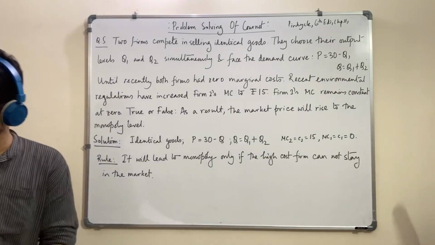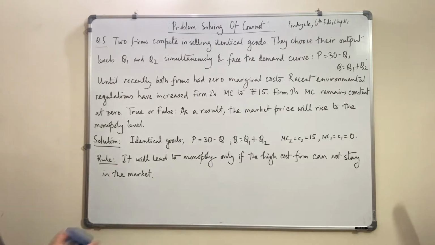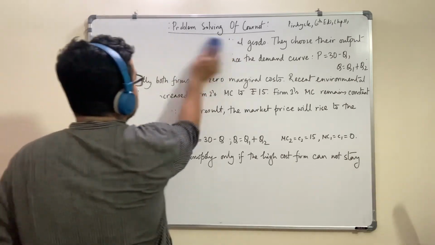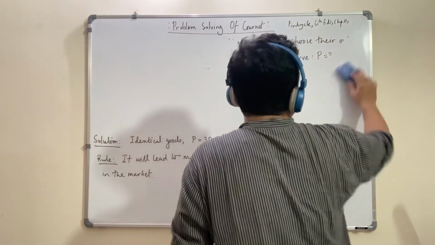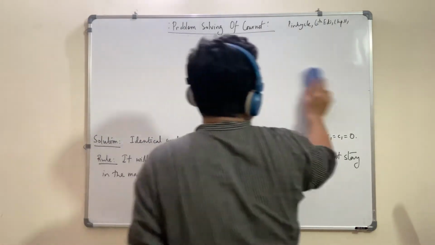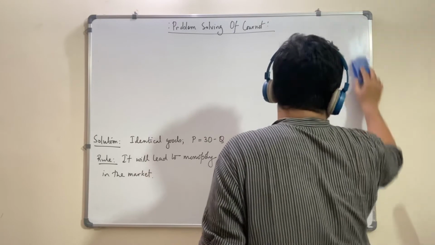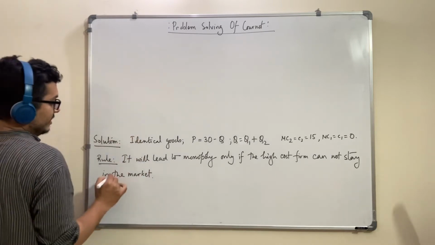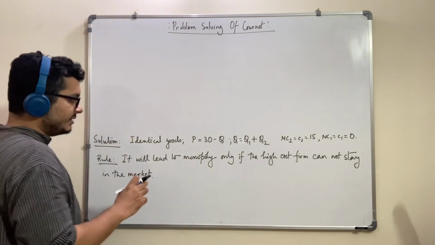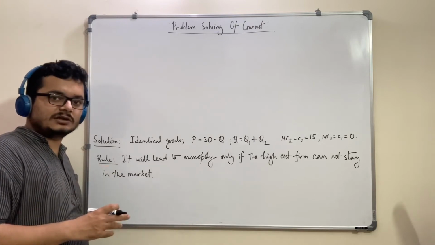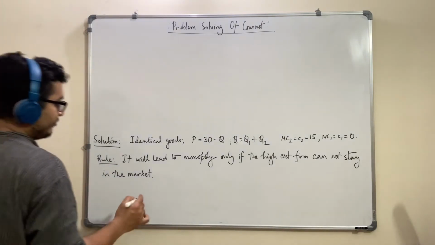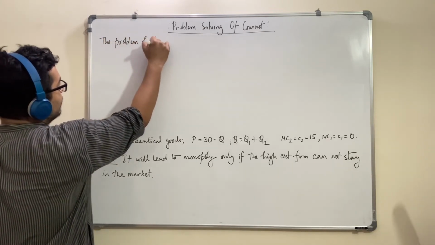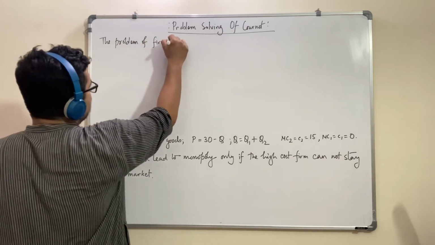Alright, so now we will find the equilibrium, so we can erase the question, because now you don't have to look into the problem at all. Okay, so by this time we are quite sort of expert in finding these equilibriums. So we are majorly interested in firm 2, but anyways, to solve Cournot we need the reaction function of both the firms. So the problem of firm, let's start with 2.